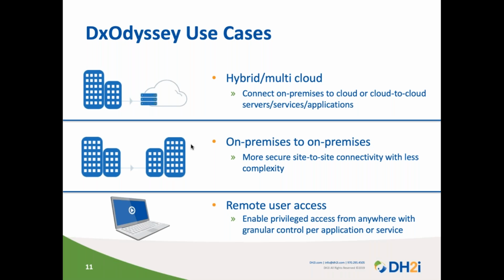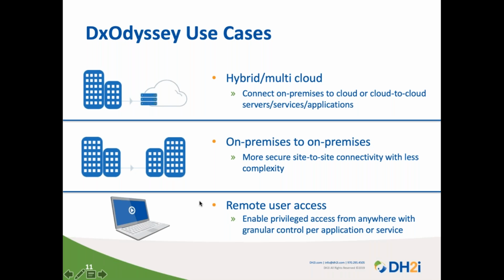So even if you do have, say, a direct link between your sites, well, rather than just letting everybody on that network flow between, you could actually just set up very granular tunnels between the various locations.